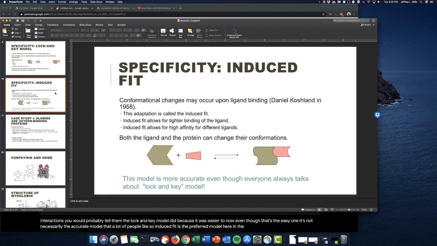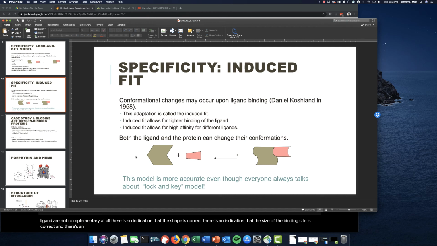In the induced fit model, we have, again, our protein represented by this brownish thing. We have our ligand, again, represented by this pinkish thing. And we can see that the protein and ligand are not complementary at all. There is no indication that the shape is correct. There is no indication that the size of the binding site is correct.